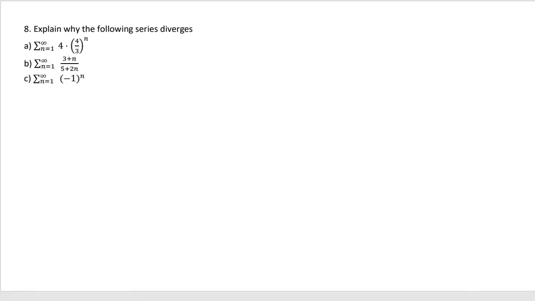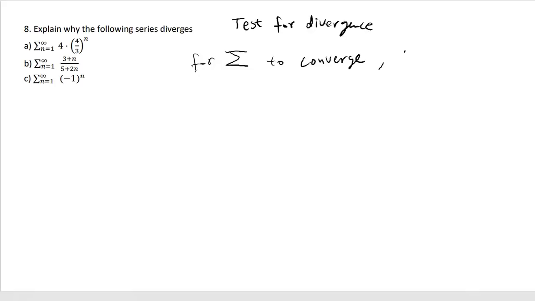Explain why the following series diverges. Okay, the test for divergence says that for a summation to converge, the limit of an as n goes to infinity must equal 0.